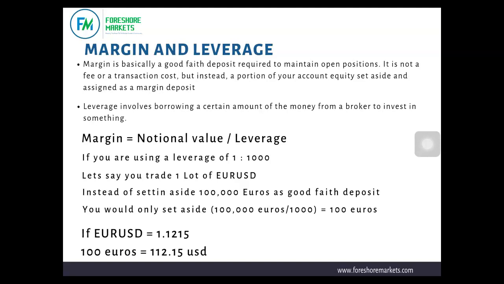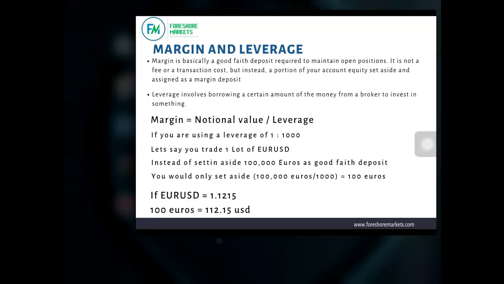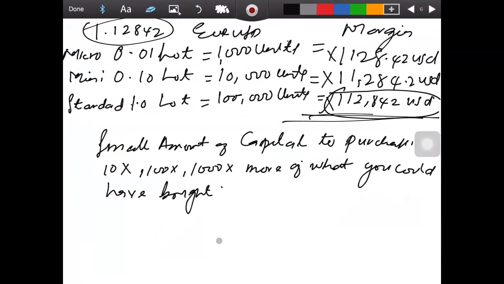If you're using a leverage of 1 to 100, but before I go there, let's establish this. First of all, I said EUR USD 112,842 in the last video. If you missed the last video, you're not going to get this part, so you need to watch it.